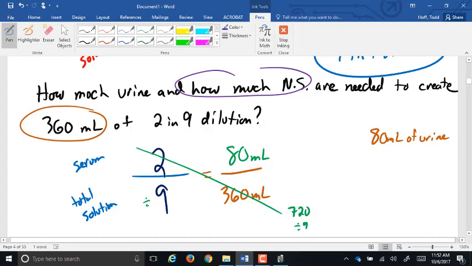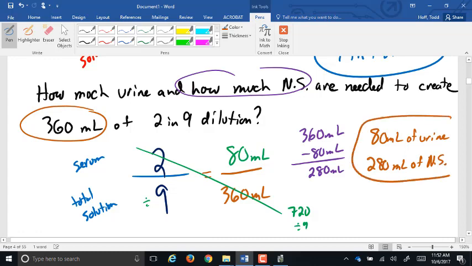To find that, we're going to do what? Yeah, 360 minus the 80 gives us 280 milliliters. So 280 milliliters of NS. So 80 milliliters of urine, 280 milliliters of normal saline.